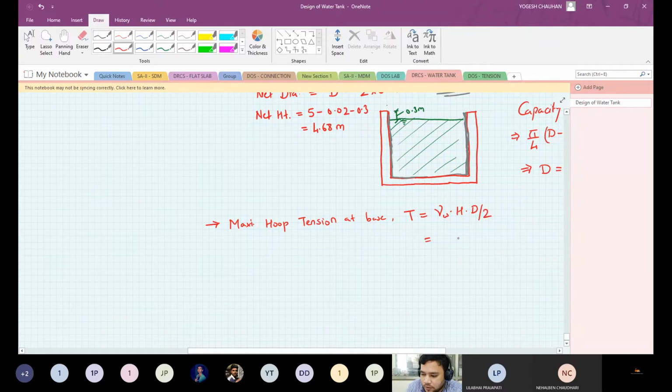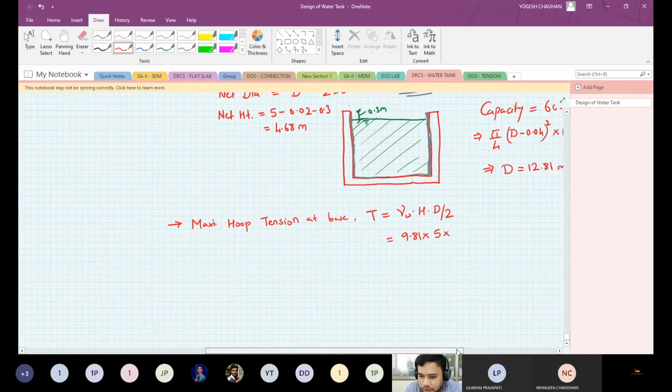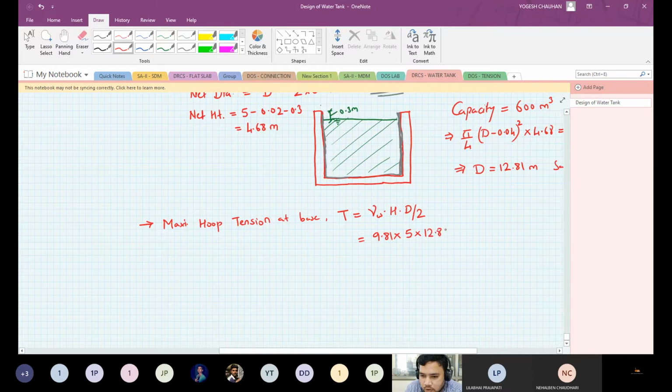So it is 9.81 into the height, 5 meter, into the diameter, 12.85, by 2. So you will get this tension T equals 314.83 kilonewton.